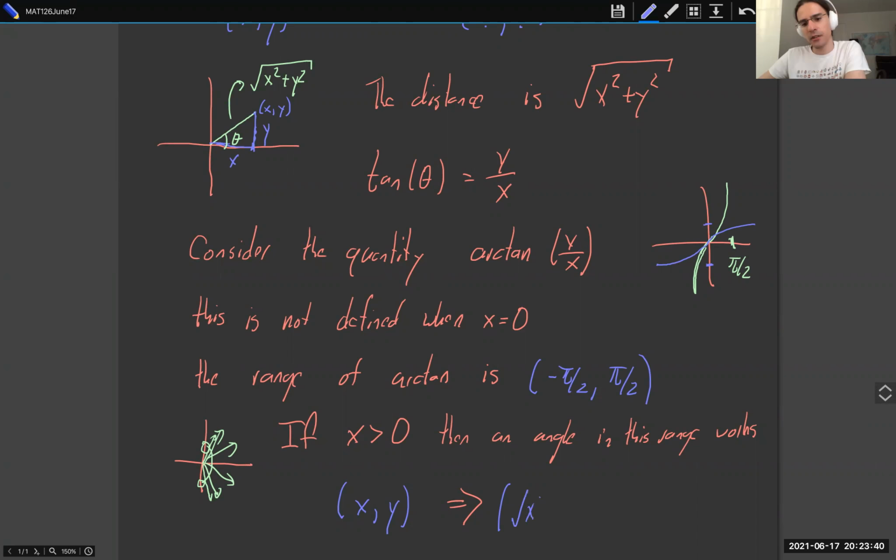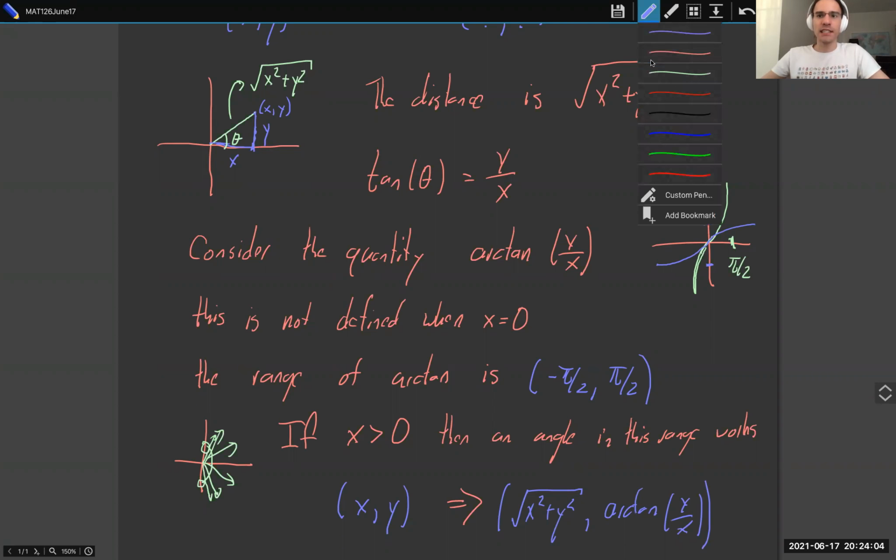Exactly. And then we said that an angle within the range, so the tan of this angle will be exactly y over x, and this denotes a unique angle, and that's the angle that we want. So we can consider arctan y over x. And so if x is greater than 0, this is how we convert from Cartesian to polar.